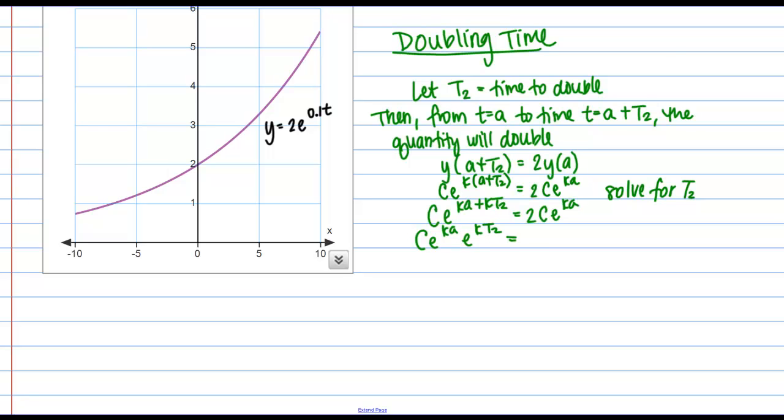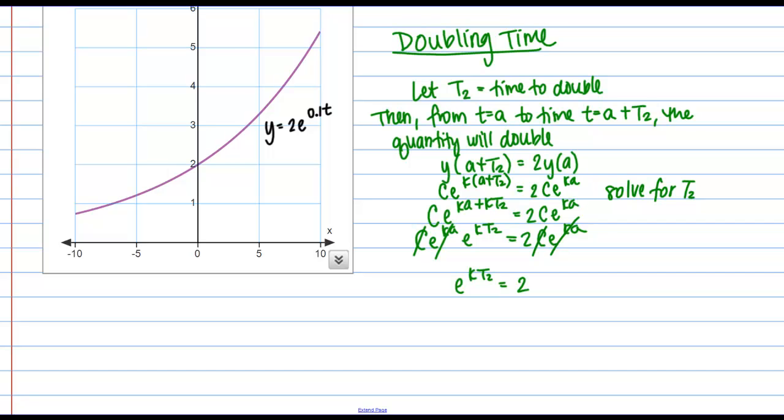And that equals 2c e to the ka. So there's some things in common on both sides that I can cancel. I can cancel the c's, and I can cancel this e to the ka. So I end up with e to the k t2 equals 2.